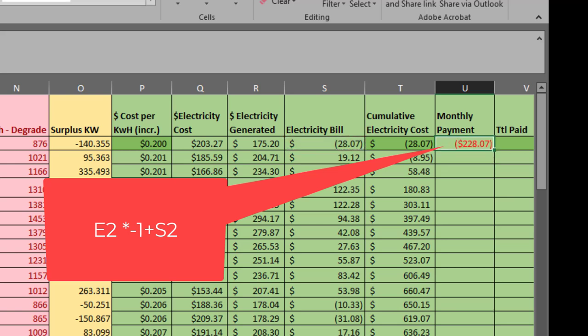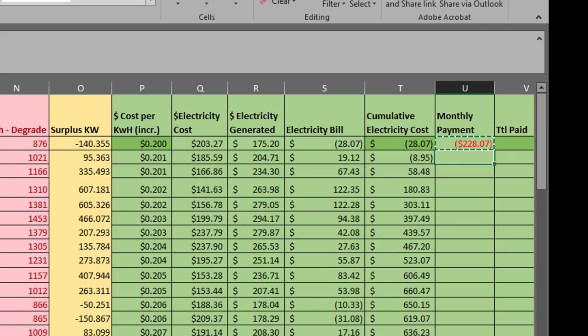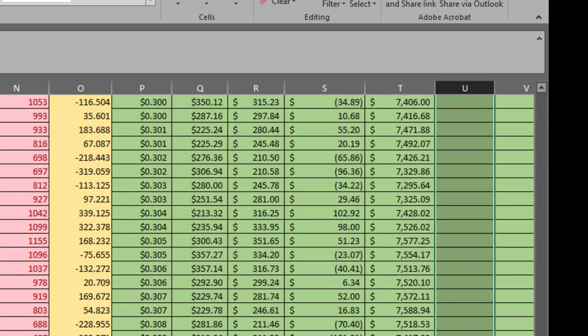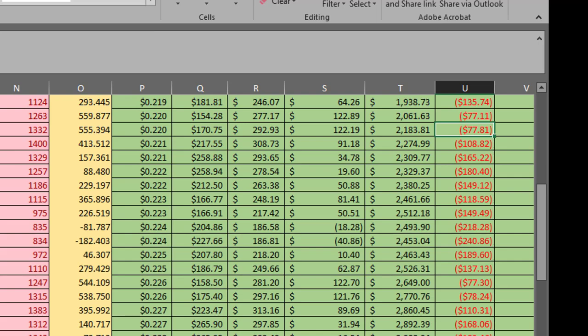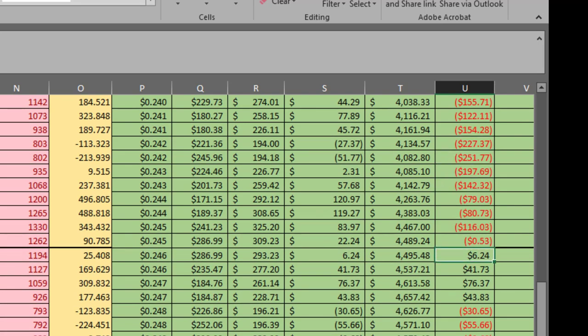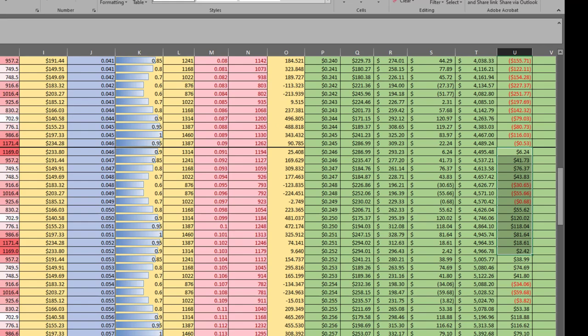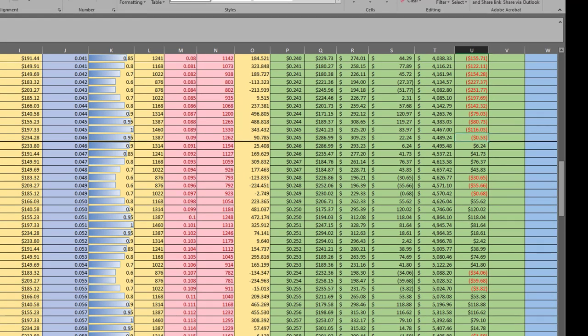So we should get a negative monthly outflow of $200, and then whatever our electricity bill is. The second month, the electric company has paid us $19.12, so it's less than that. Go ahead and copy that down. That might be of some interest to you. In those months after our loan is paid off, we start to see a positive outcome.